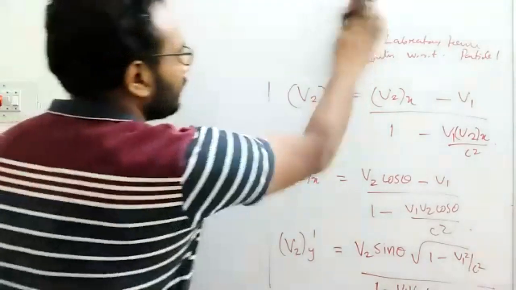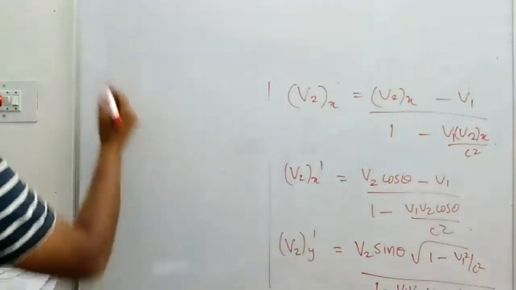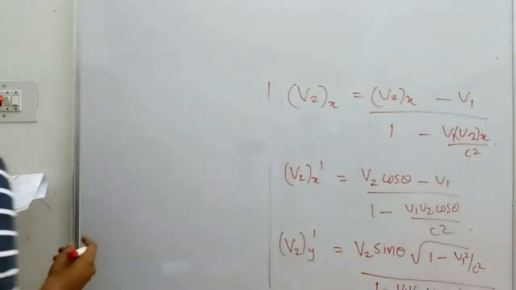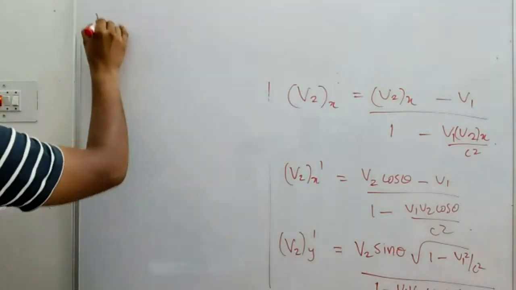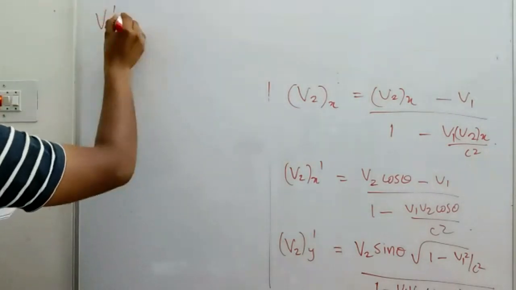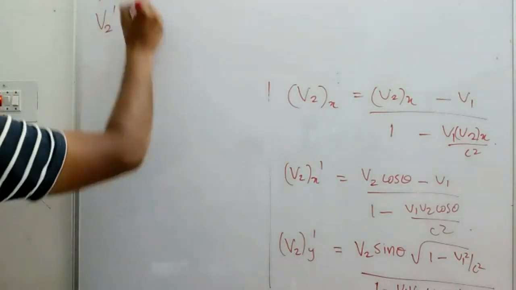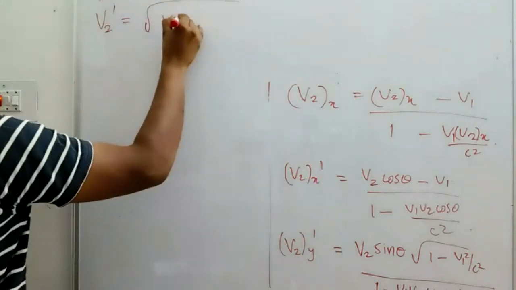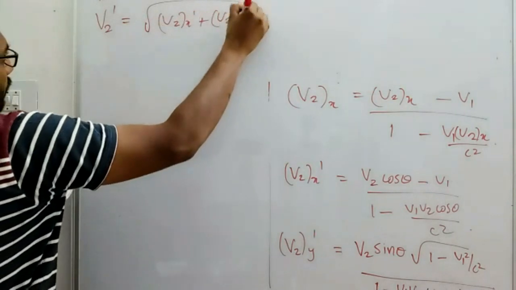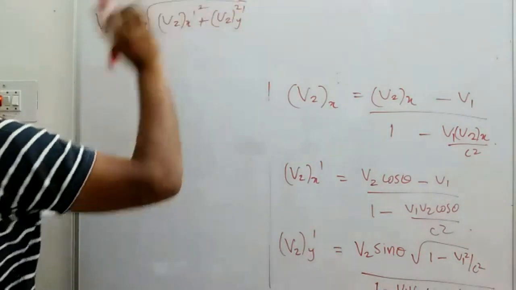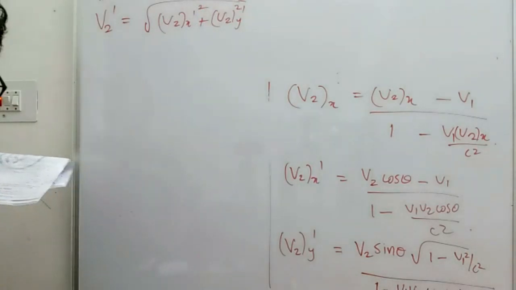So now the difficult part is over. We just identified V2x' and V2y'. We just need to square and add, and that would be the magnitude of the velocity. So the resultant velocity, we'll call it V2', is equal to the square root of V2x' squared plus V2y' squared. There are so many indices there, but you just square and add them.